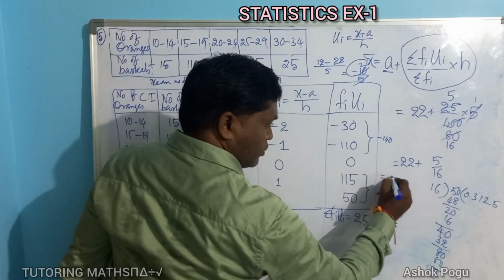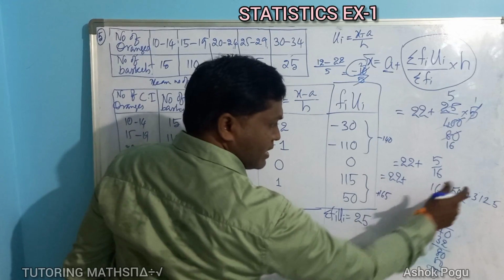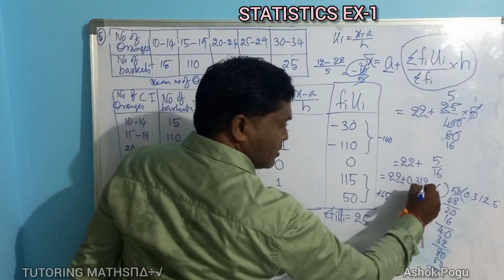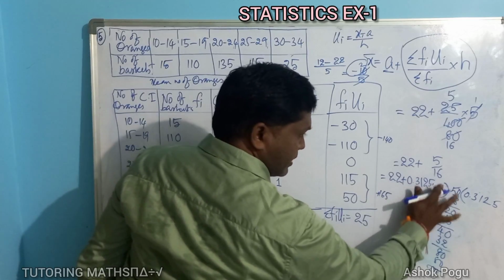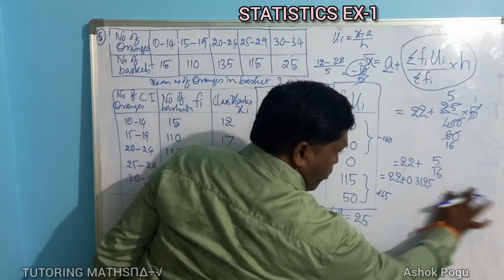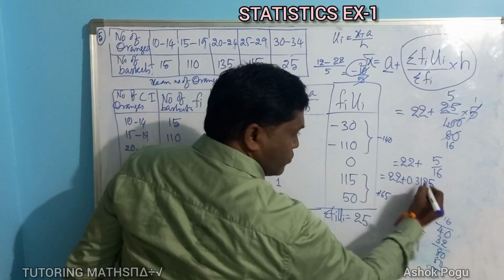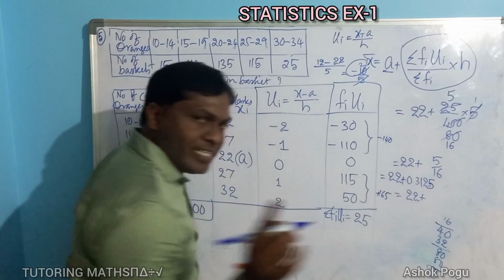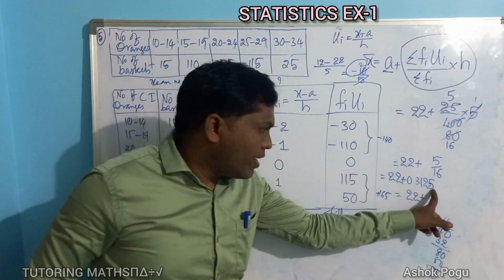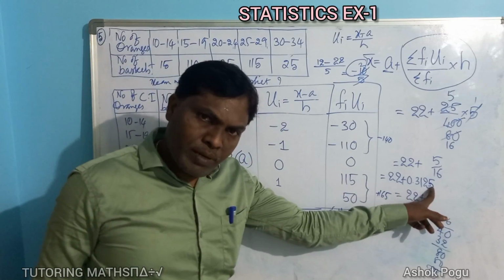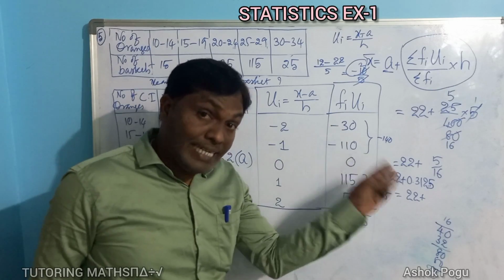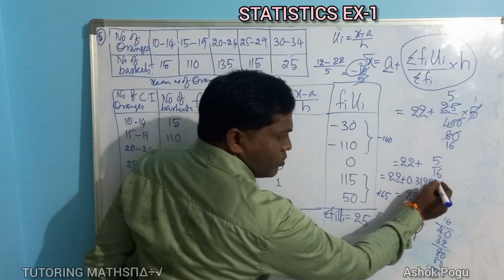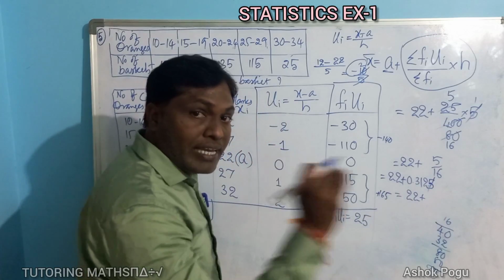And it is 22 plus 0.3125. It is 22 plus what I said just now. Find the value in 4 decimal places but correct it into 3 decimal places. So the last decimal place has to be cancelled.